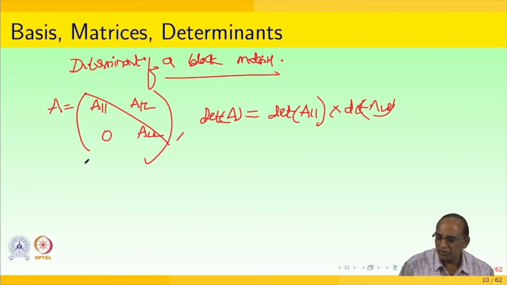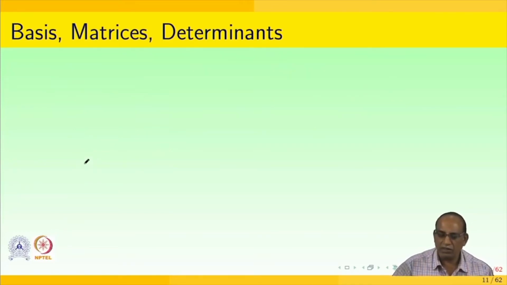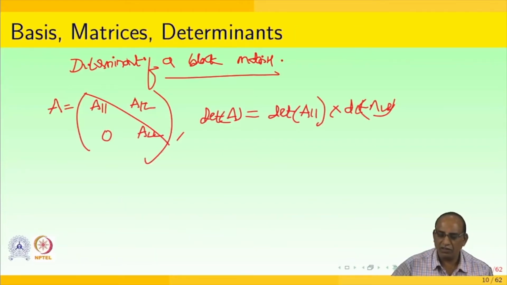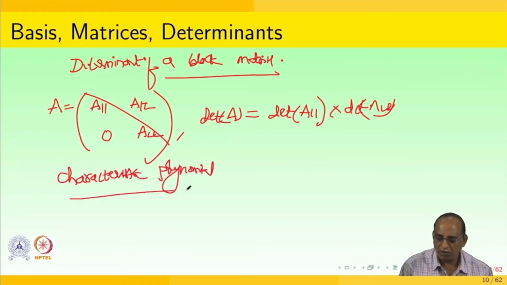Similarly, how do you define what we call the characteristic polynomial? In the characteristic polynomial, we write, let A be an n by n matrix.